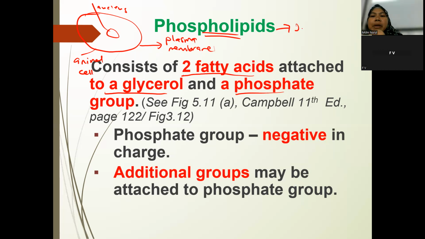Phospholipid is made of 2 fatty acid, 1 glycerol, 1 phosphate, and additional group that might attach to the phosphate. Madam tulis ini additional group.